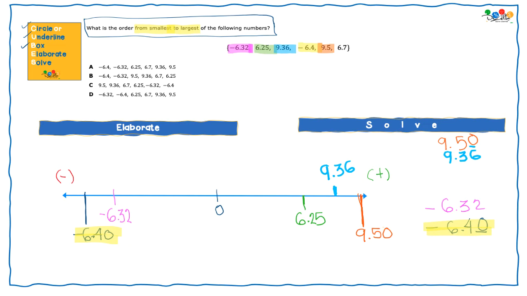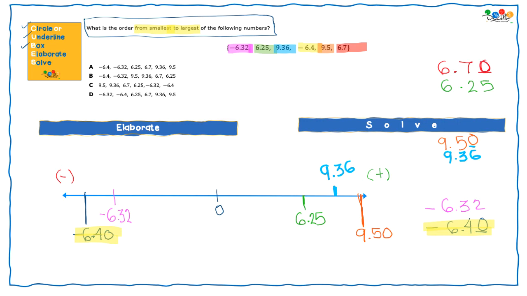We'll finish that one, and we have one more to go. This one I'm going to use red: 6.7, and that is positive. I'm going to compare 6.7 to 6.25, the one we highlighted in green. Again, do I have the same amount of digits behind the point? No, 6.25 has more. It has 2 place values. So I'm going to complete this place value here.